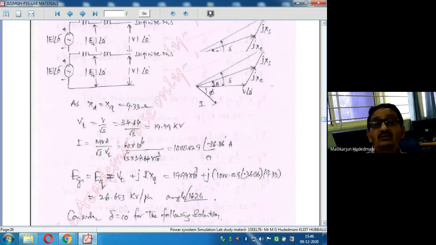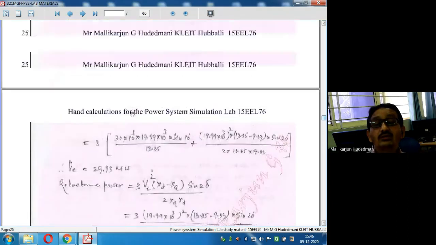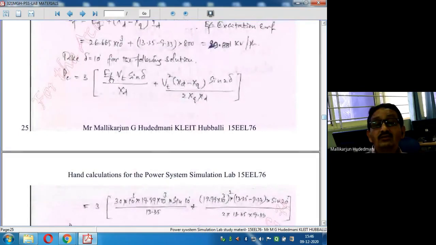You can see that. What was here earlier in the first part? EF into VT sin delta divided by XD. This term is not at all there. This is due to saliency of the machine. This is because of the salient pole structure nature of the synchronous machine. The salient power, that is called reluctance power, is flowing there. This power is taken out.